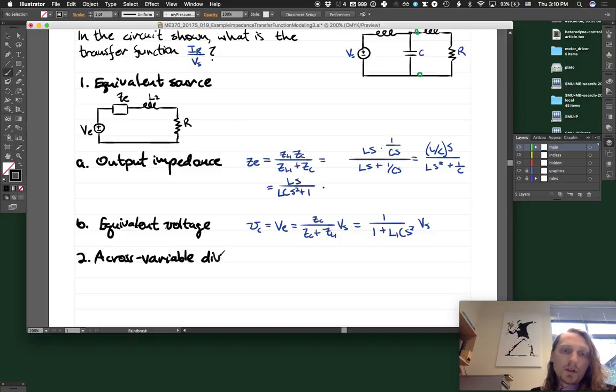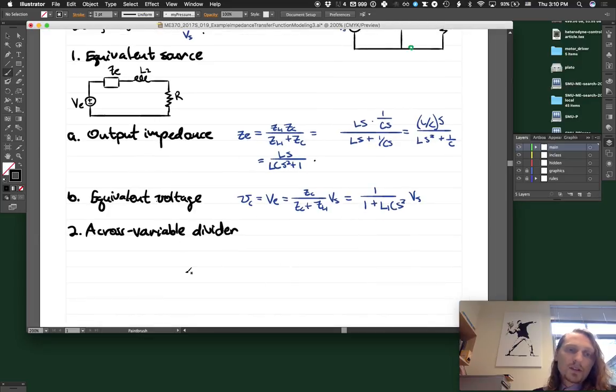And we can use the across variable divider again. In a sense, we used it to find the equivalent voltage, but we're going to use it now for the whole circuit.